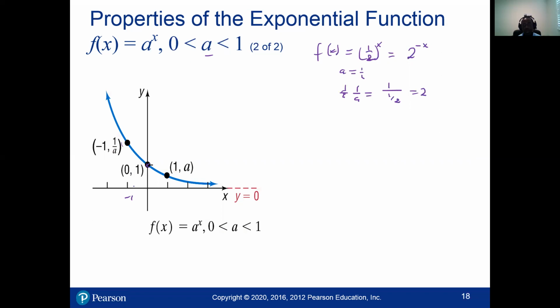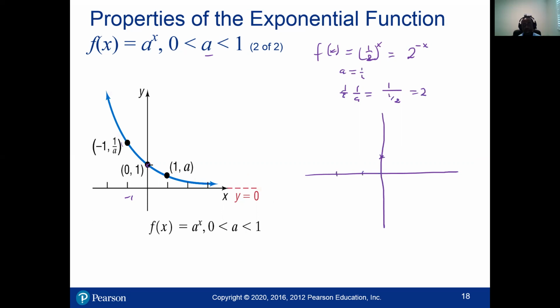So it's going to pass through this. Again, the horizontal asymptote is the x-axis, and this is a decreasing function. So if I have this graph, let's say f of x is equal to 1 over 2 raised to x. It's going to pass through the point.